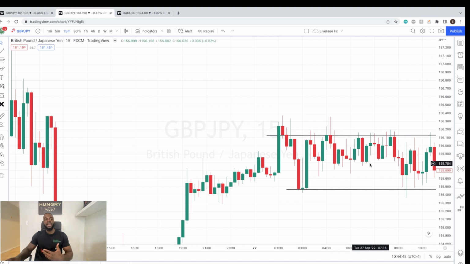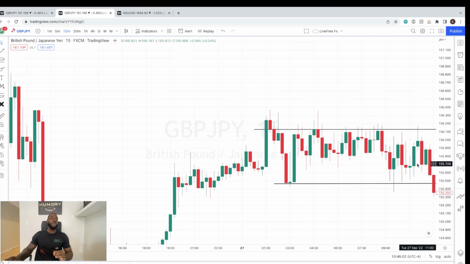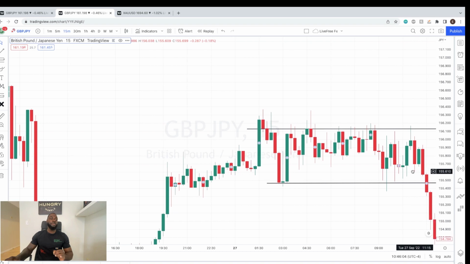Because when the market is still in this range, anything can happen. And when the price is breaking out of the level, right, the support level or the resistance level, anything can still happen. It is a 50-50 probability. Price hasn't given you a concrete story of what it wants to do yet. So the third trader, in my opinion, is the smartest trader. The smart trader waits for price to break out, right?